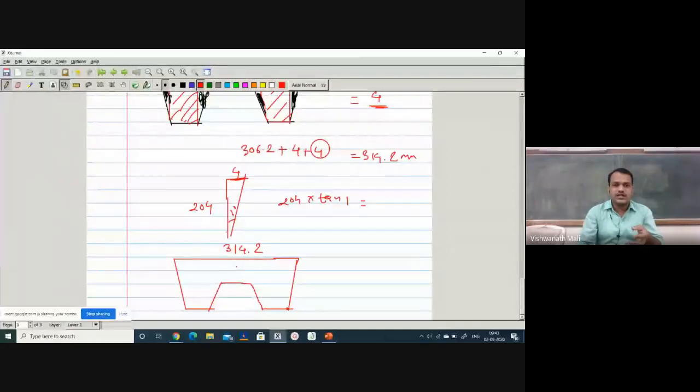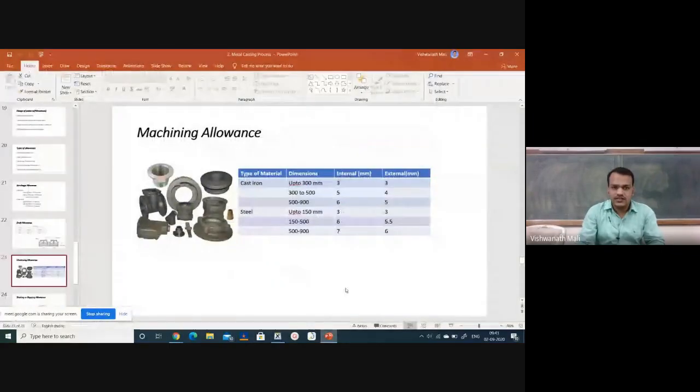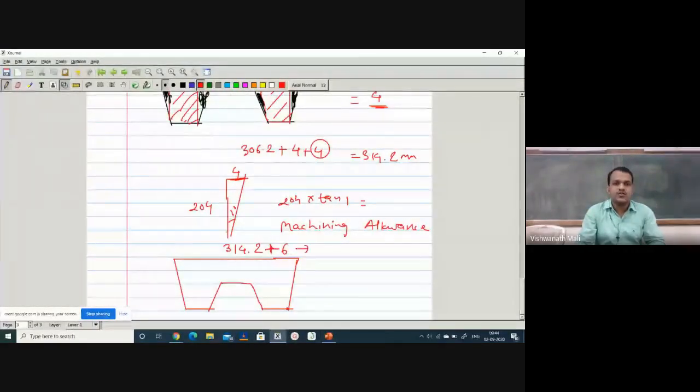When I machine it, its dimension changes. To overcome that, I have to give the machining allowance. Suppose in this case it is steel and the dimension is 150 to 500, so 6 mm machining allowance I need to give. So plus 6 mm, how much is it? 320.2.